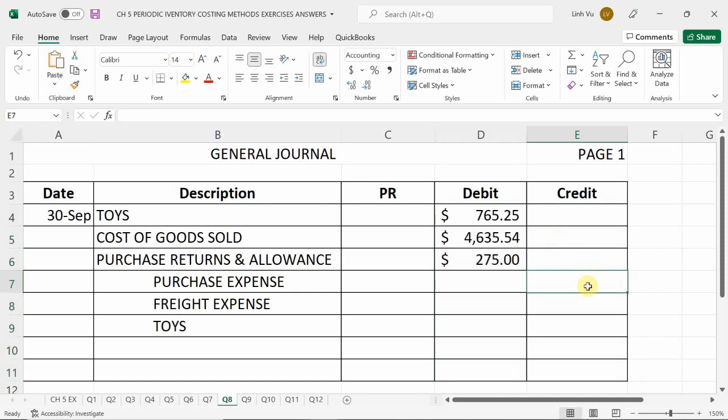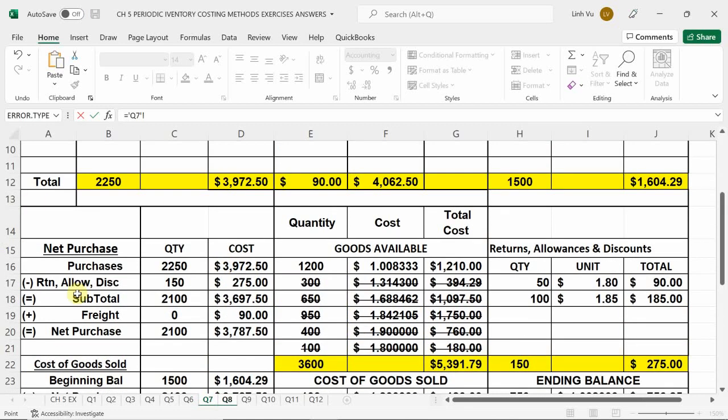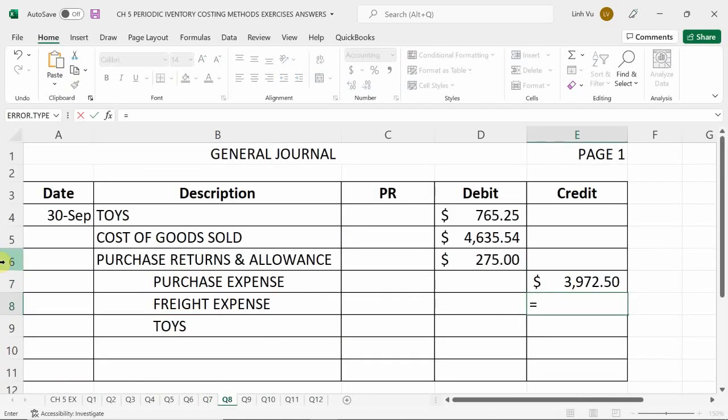What was my total purchases? What was my total freight?